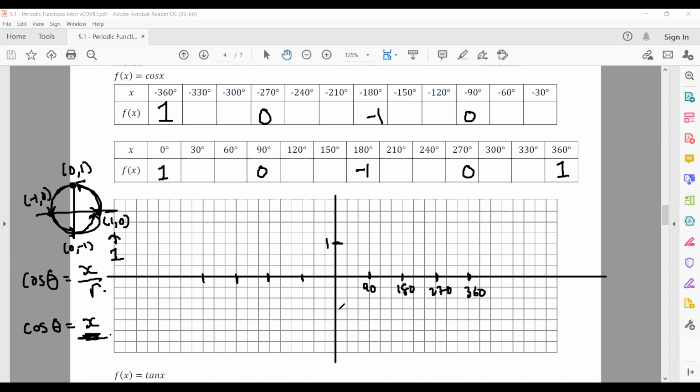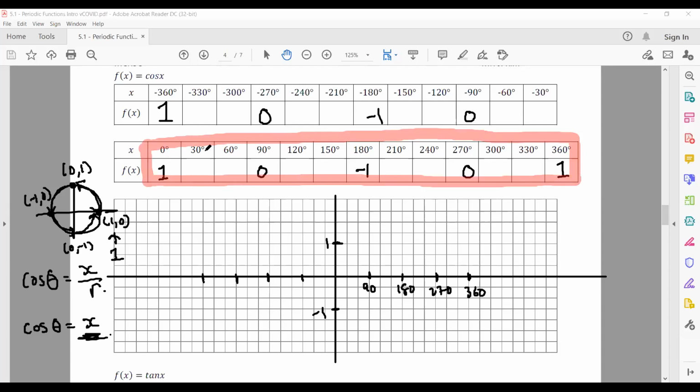I go up to 1, I go down to -1. So this time, just to save us some time, I am actually just going to focus on one cycle. Why? Because if you can figure out one cycle, you've figured out all the cycles. So let's just focus on doing the details of one.